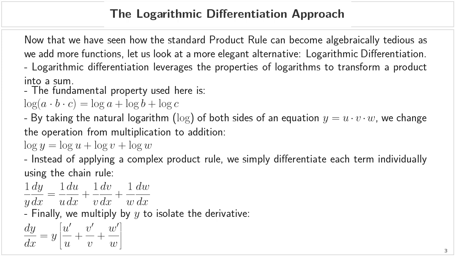This results in the final formula. dy over dx equals y, multiplied by the sum of u prime over u, v prime over v, and w prime over w. While this process involves a few more steps, it significantly reduces the chance of making a manual calculation error. To see this efficiency in action, let us move on to a comparative example.